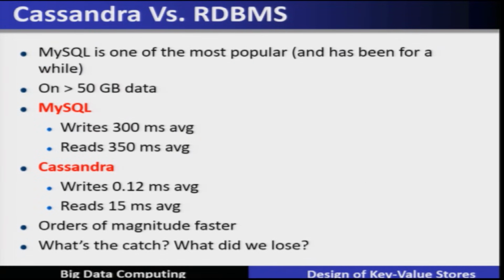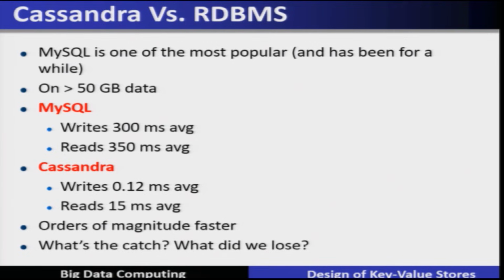Now, let us compare Cassandra with RDBMS. MySQL is one of the most popular RDBMSs as of date, and let us see the performance in MySQL with more than 50 GB of data. Writes take 300 milliseconds on average, and reads take 350 milliseconds on average.